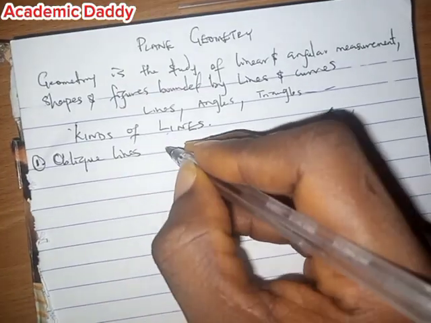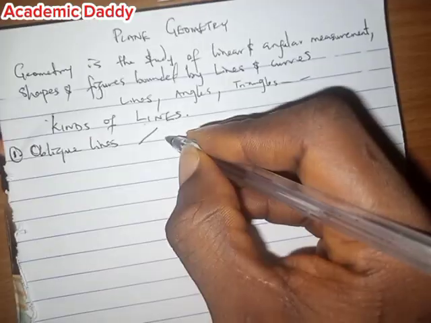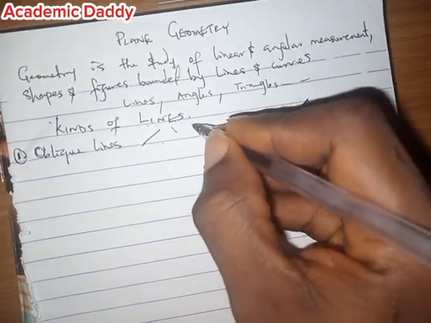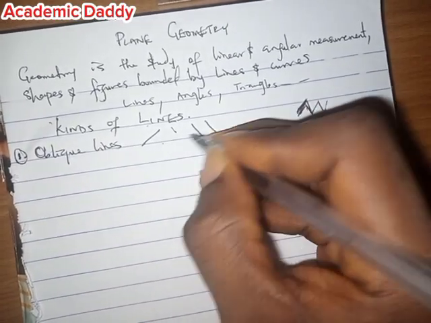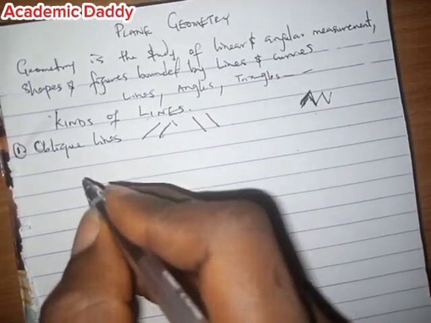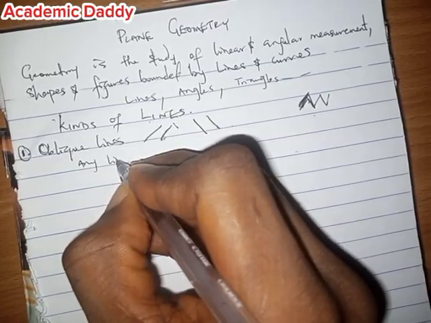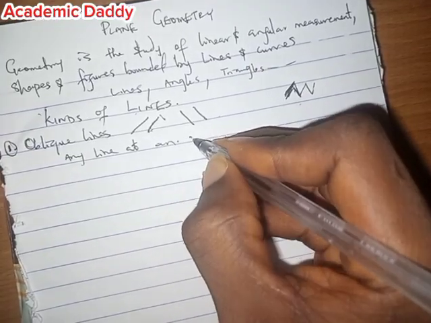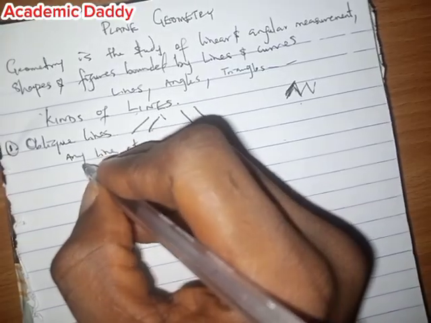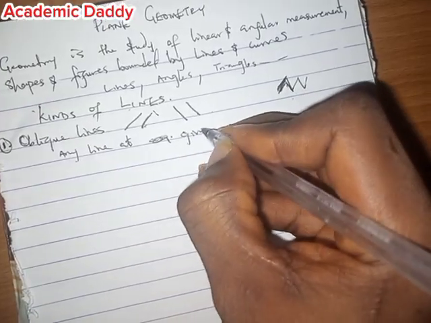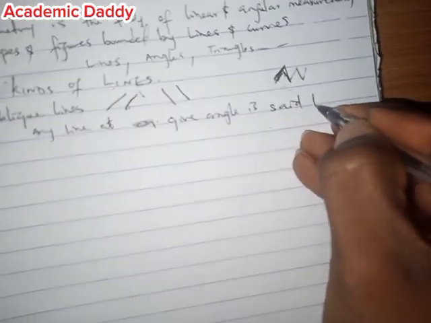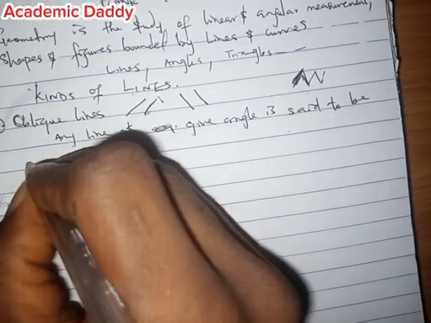oblique lines. So we say that when a line is at an angle, let's say it goes this way, or it goes this way, or it goes this way, any line at a given angle is said to be oblique.